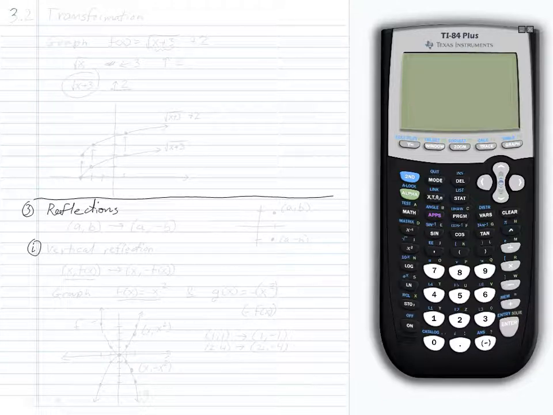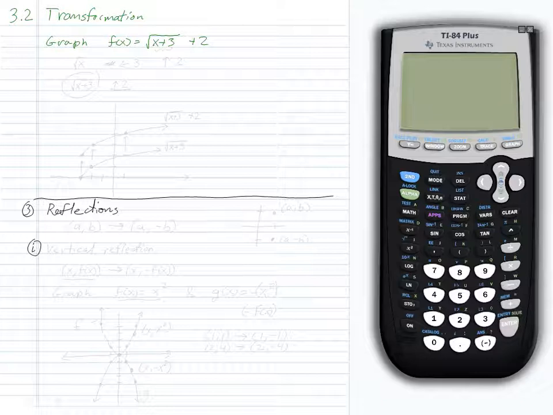Now it's worth noting that we can combine transformations. And I'll show you an example of that now, while we only have a couple different types of transformations to worry about. So if I would like to graph f of x equals the square root of x plus 3, plus 2.